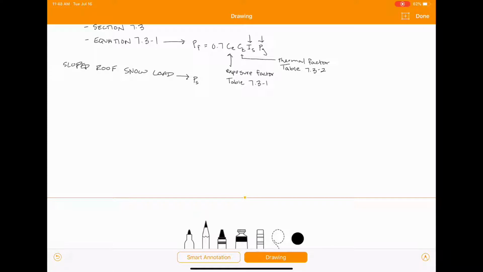And that's going to be found in section 7.4. And you're going to use equation 7.4-1, which says that PS equals CS times PF.